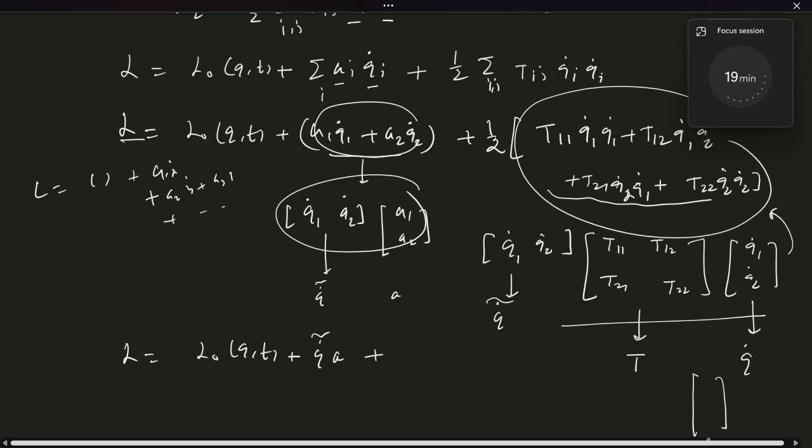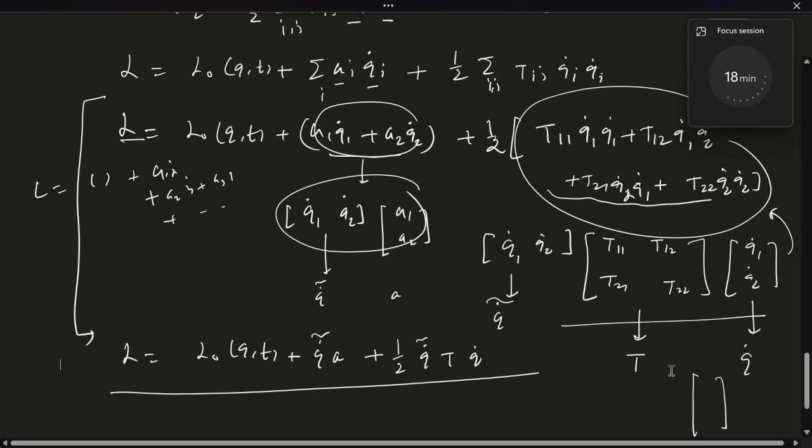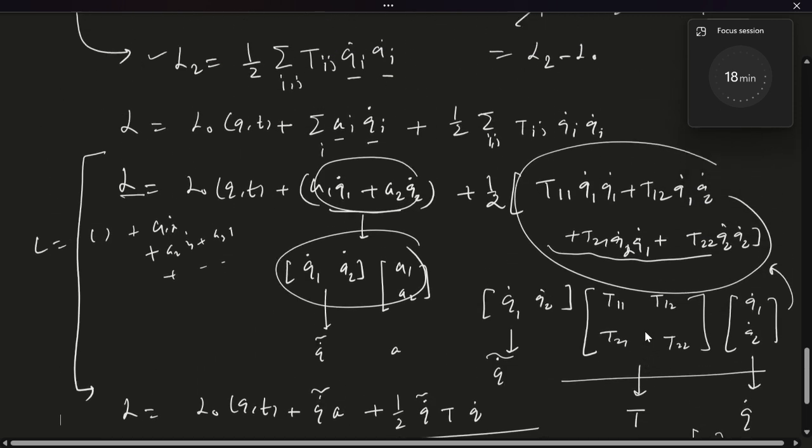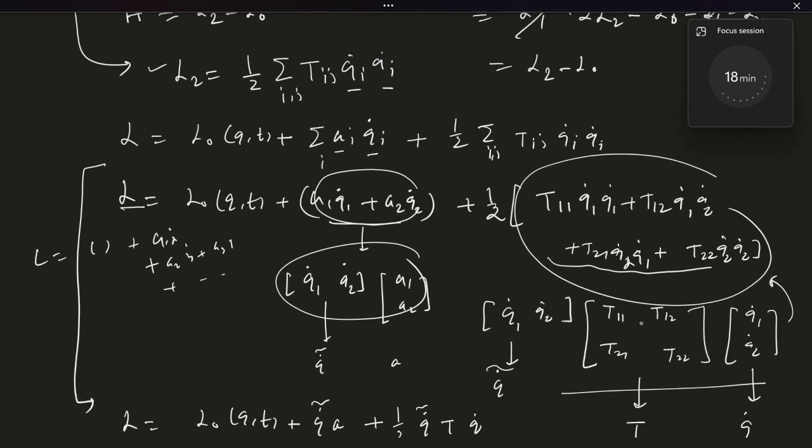So the x dot has some coefficient, that is a1. You have to write down the coefficients of all the generalized velocity terms in matrix form, and that will give you the A matrix. And this is your half times q dot tilde T q dot. So we can write from the summation to the matrix form. Now this T matrix, which I already wrote out in the L2, is a symmetric matrix.